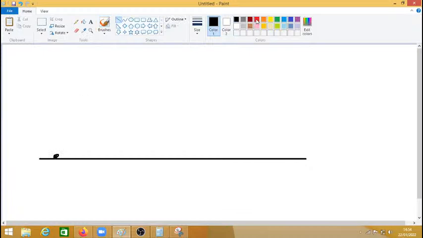And it's fired off with an initial speed of 28 meters per second. And the angle of that speed is 30 degrees.